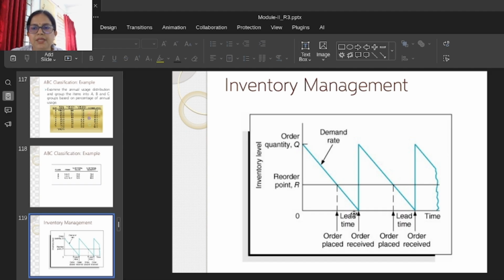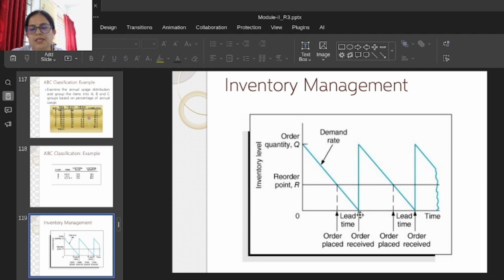So on the 25th day, we find that 250 units are consumed. So on the 25th day only we can place the order so that we can get the order on the 30th day. Suppose 5 days we are taking.